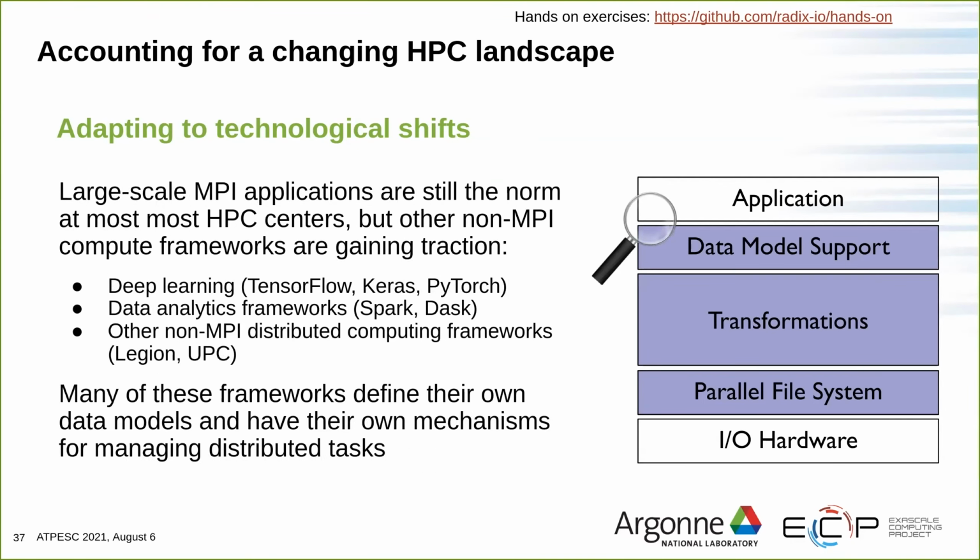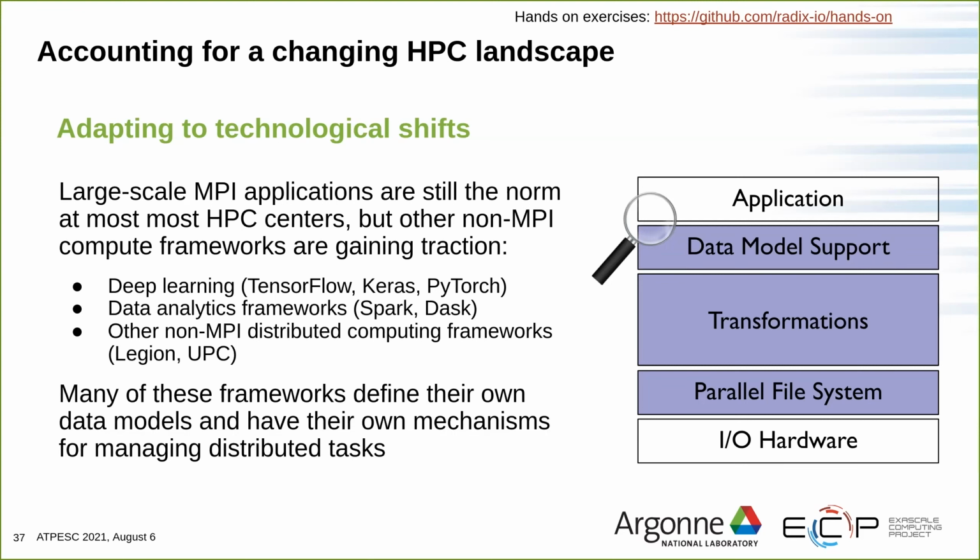So, as an example of different non-MPI frameworks, which we keep hearing a lot about, on the Darshan front, we've heard a lot from people that are interested in machine learning and deep learning recently, which is kind of a challenging workload to get right.